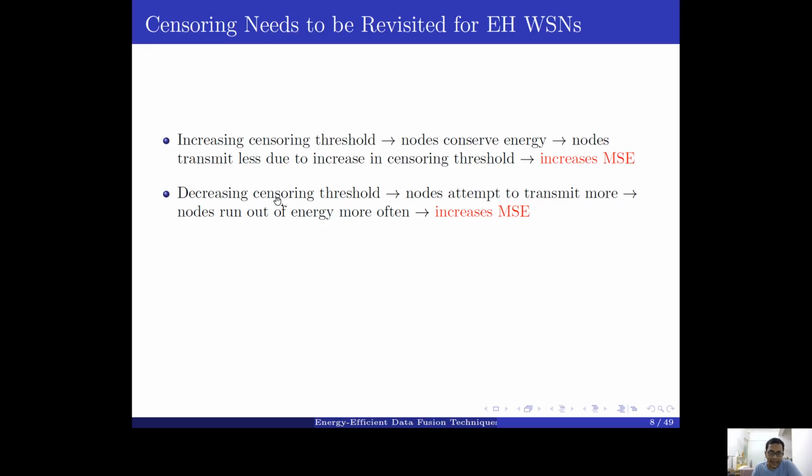On the other hand, if you decrease the censoring threshold, the nodes will attempt to transmit more, so they will run out of energy more often, and this will again increase the mean squared error.